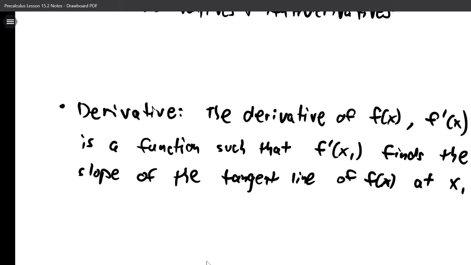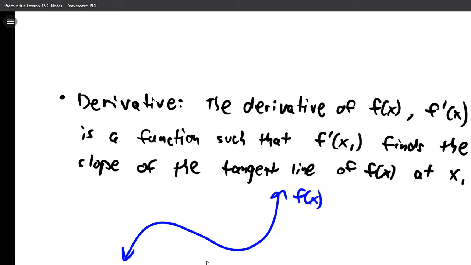So in other words, let's just say that we have some function like this, okay? This function is f of x. And we have some line that is tangent to it. We'll discuss tangent in just a moment. So it touches at one point.